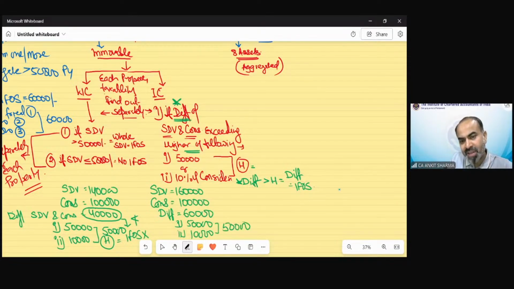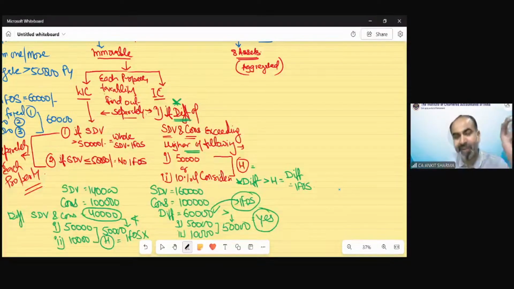And now you can see this difference is exceeding this higher value. So if the difference is exceeding, then the difference is your income from other source. Do not try to find out the difference between 60 and 50, 10,000. No, if the difference is exceeding the higher of these two values, then that difference is going to be treated as income from other source.